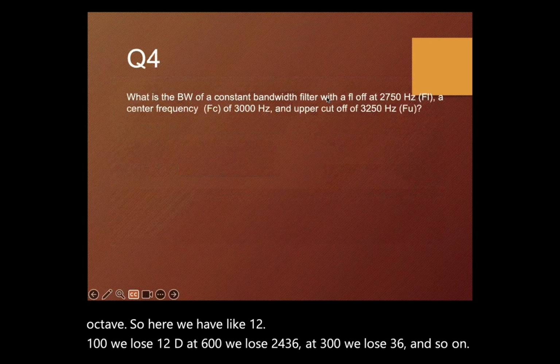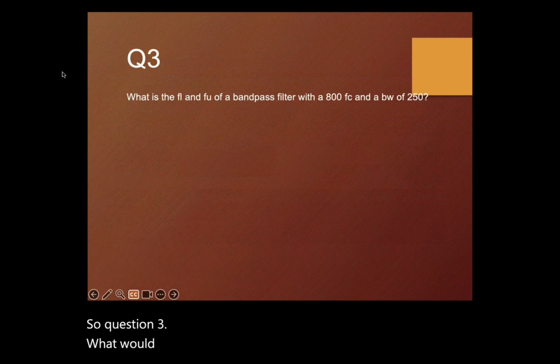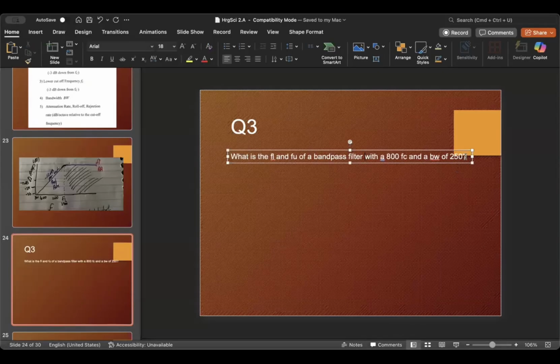So question 3. What would be the F sub L and F sub U of a bandpass filter with an 800 hertz center frequency and a bandwidth of 250? The bandwidth we usually have to divide by 2, which means we have 125.